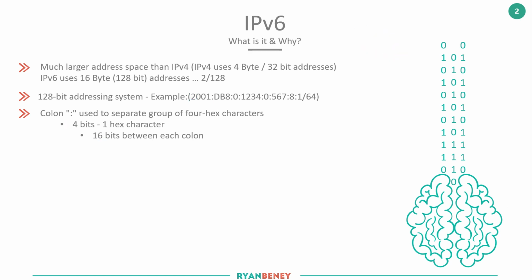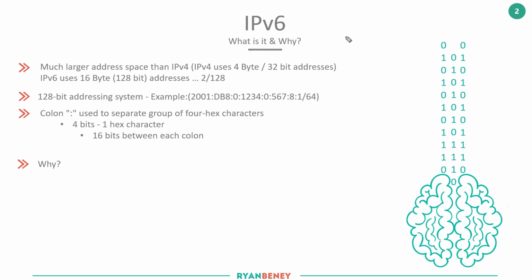What else do we need to know about IPv6? Why is IPv6 even needed? We know in IPv4 there are a lot of addresses, but we also know there are not many left. In fact, I'm pretty sure RIPE, the organization that controls this, has handed out the last IP ranges.